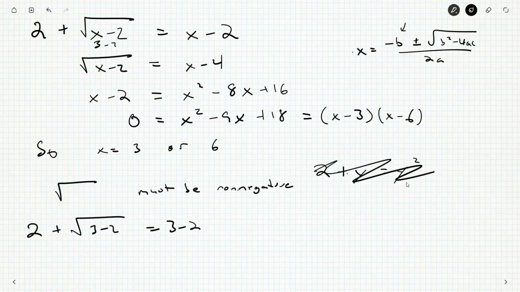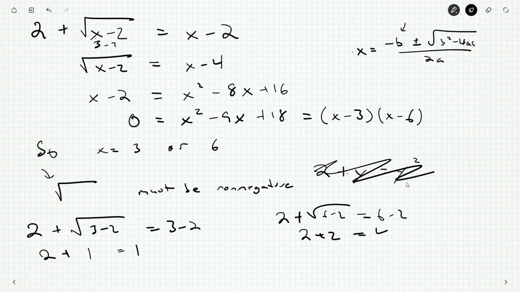3 minus 2 here. I'll get 2 plus square root of 1 is going to be 1 in this case, because it's what we call the principal square root sign. When it's under this symbol, you can't get negative 1 as your answer. And 2 plus 1 is not equal to 1. However, 2 plus root 6 minus 2 is equal to 6 minus 2, because you get 2 plus root 4, 2 plus 2 is equal to 4.